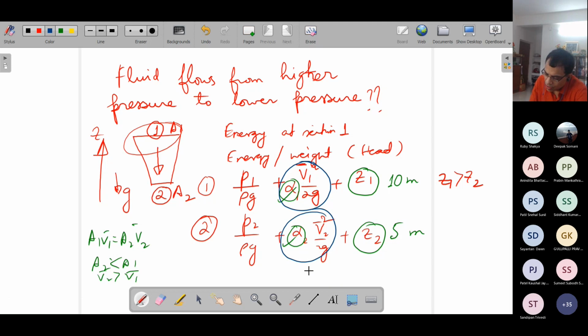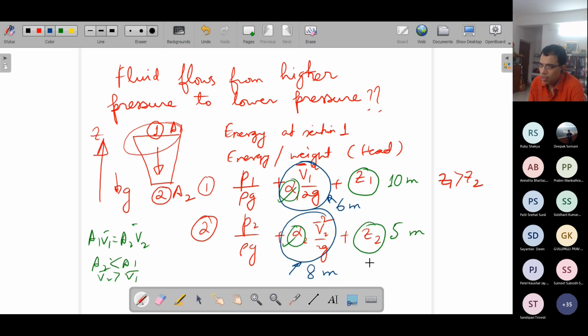Let us say this is 8 meter, and let us say this is 6 meter. These are just examples. I'm giving you examples so that you can just simply count like school arithmetic and get a feel. So all what I'm doing is I'm putting examples which are practically consistent, not practically unrealistic.